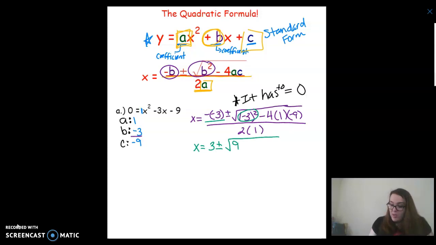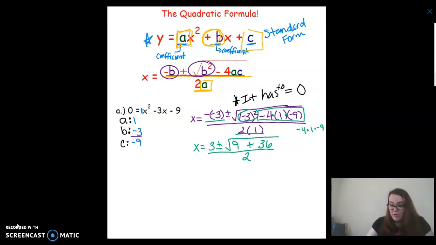Then this part right here is all one big multiplication problem. -4 times 1 times -9. So -4 times 1 is -4, and then I'm going to times it by -9, and I'm going to get a positive 36. All divided by 2 times 1, right here, the 2.